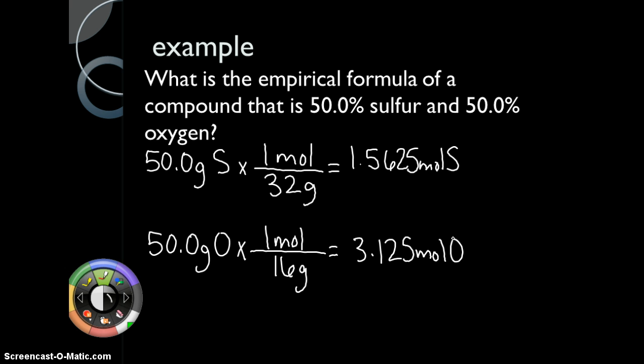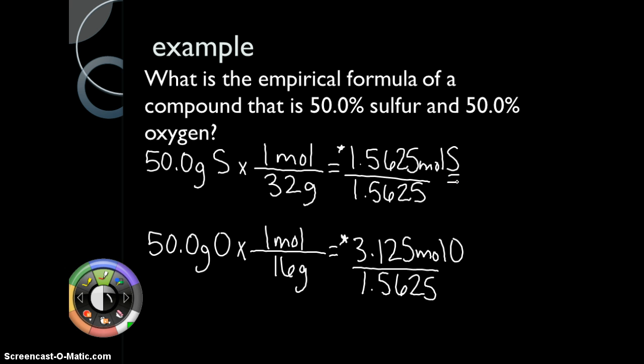Okay, we need whole numbers. Neither one of these are whole numbers, so you're going to divide both of these values by the smallest of the 2 in this case. Sometimes you may have 3 that are going to have to be divided out. It just depends on what your compound is. In this case, they're 2. So the smallest number between these 2 values is the 1.5625. So you're going to divide both of them by 1.5625.